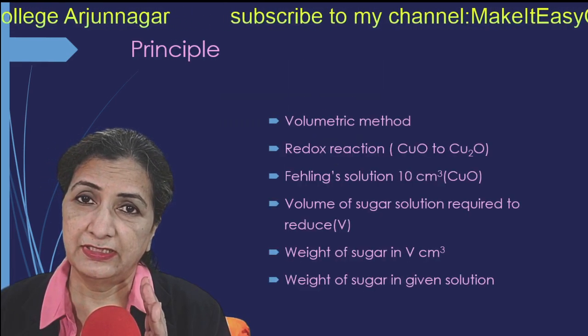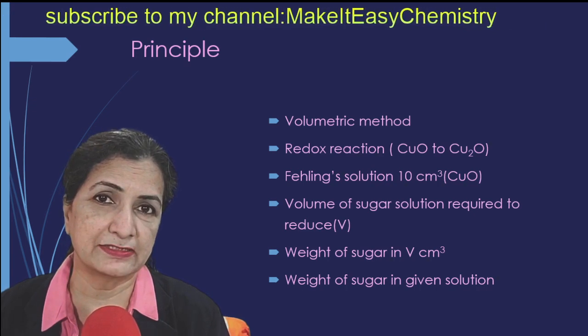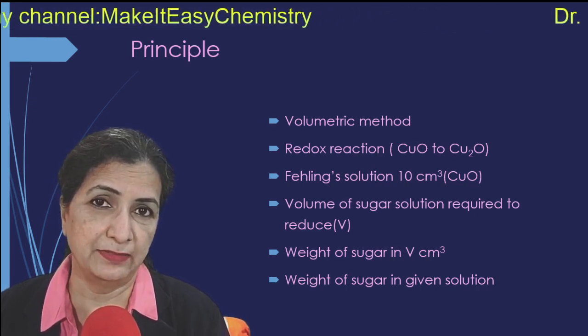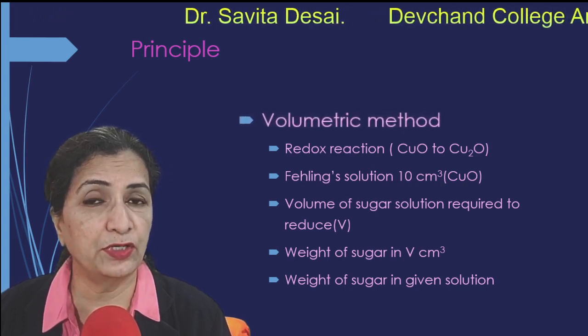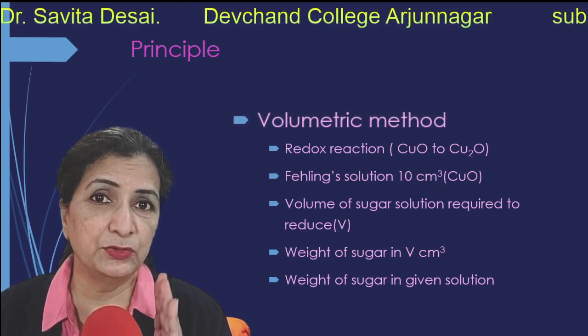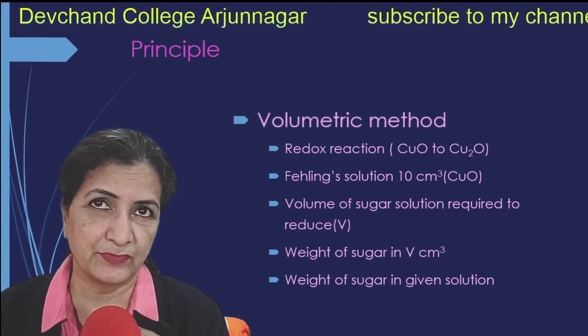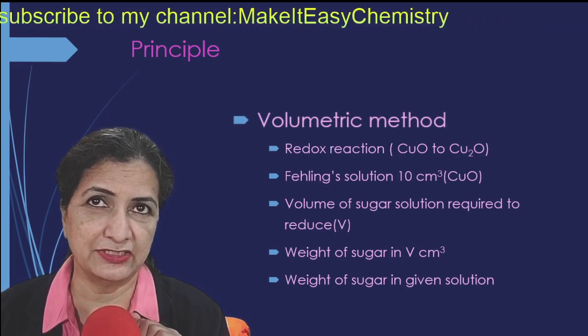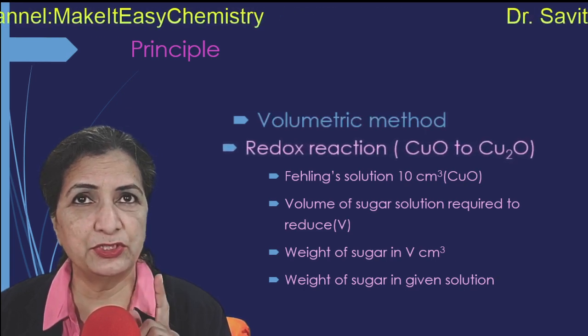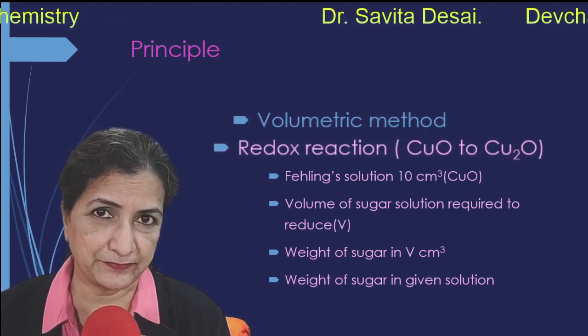Now, what is the principle behind this estimation of cane sugar by using Fehling's solution? As we know, this is a volumetric method. We are going to measure the volume of what? Yes, we are going to take the information in detail. We are going to perform a redox reaction.